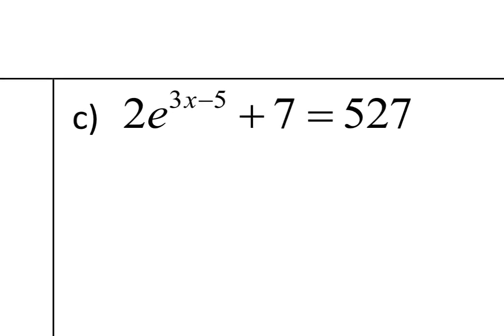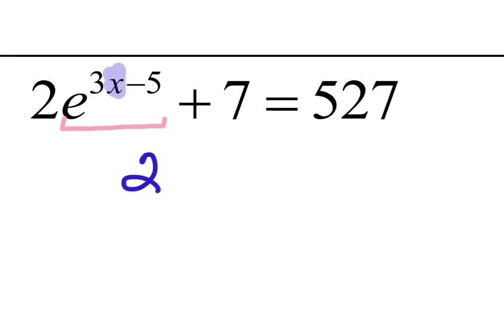Now, in letter C, you have a base with a power, and you have the x that you're solving for in the power or in the exponent, and therefore you want to isolate the part of the equation that has that exponent on it. And so I'm going to start by subtracting 7 from both sides.